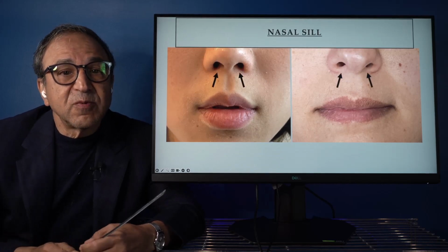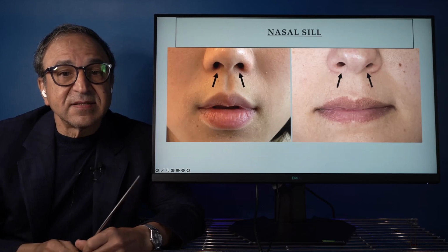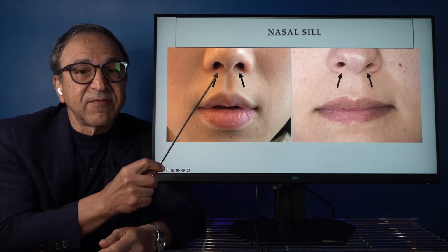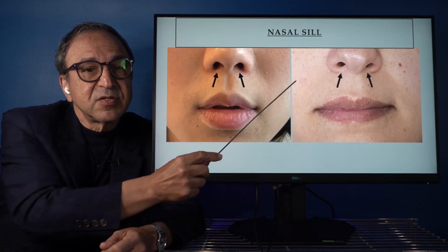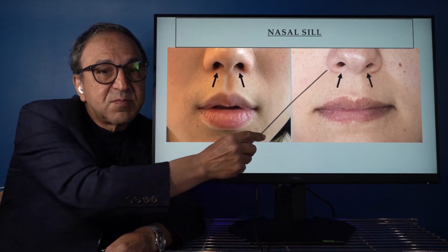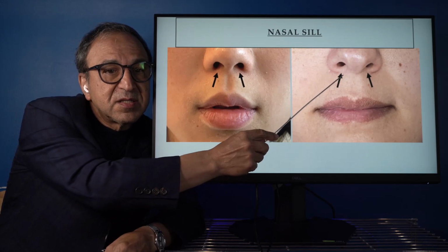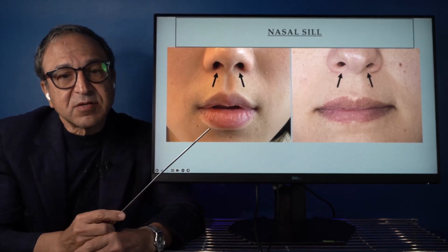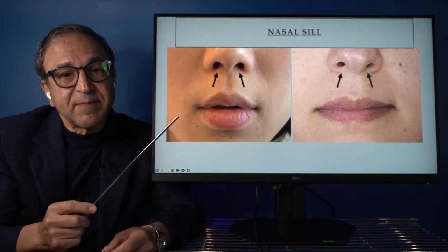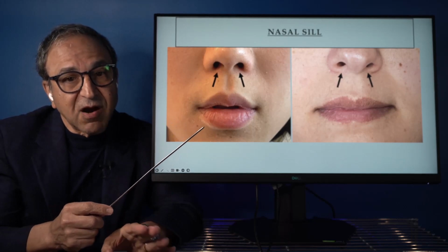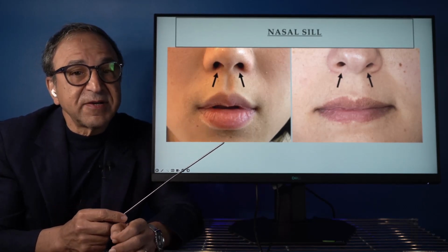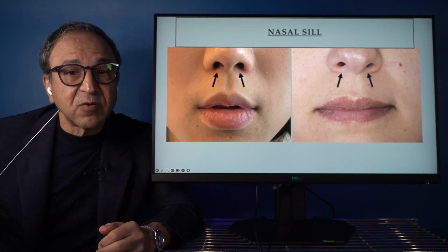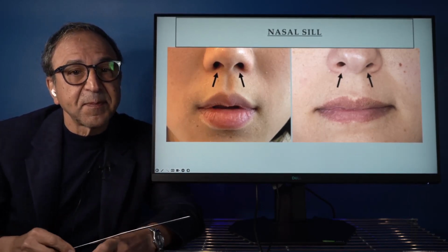Next, I'm going to talk about the nasal sill. The nasal sill is basically the floor of the nostril. Now, what I want you to see here is that on some patients, the floor of the nostril is much more well marked. Okay, and that can be a surgical landmark for me, because if I place my scar or the incision right on the nasal sill, it's not very noticeable, even if it is going across the whole front of the lip.